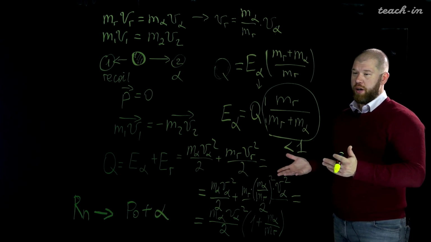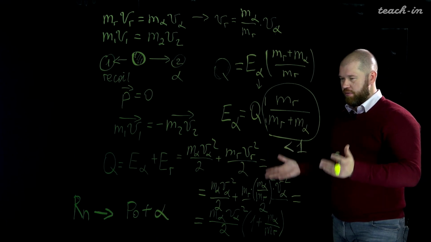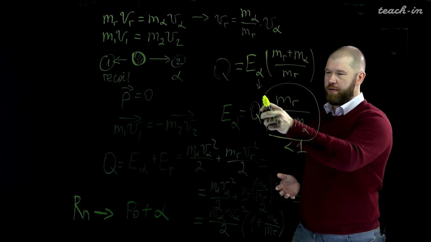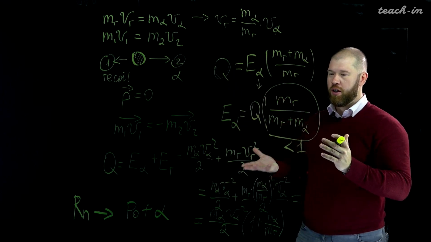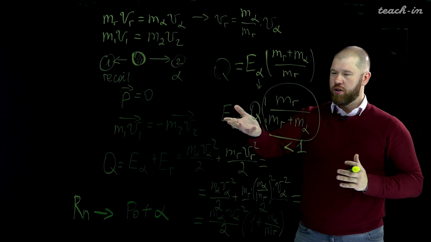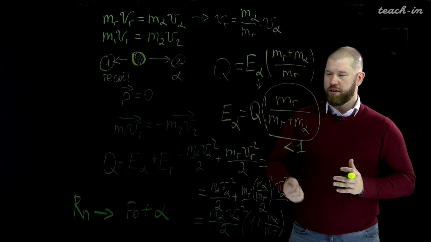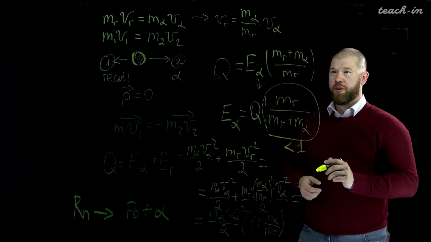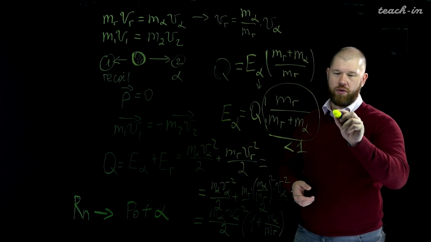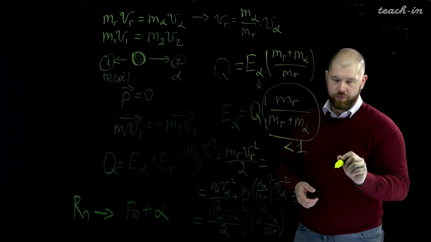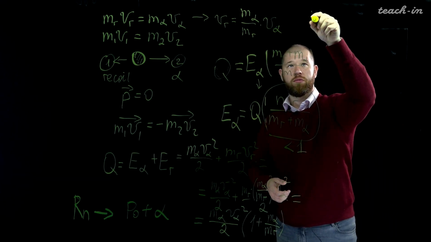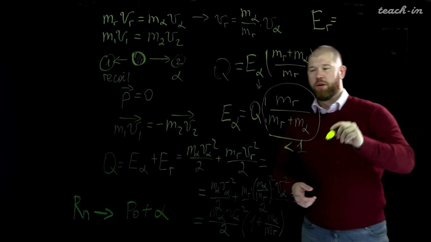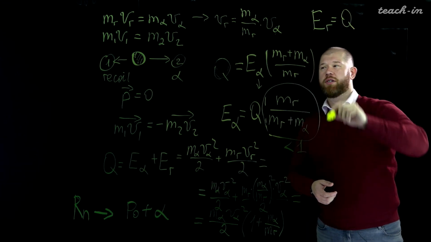The question is where the rest of the energy goes, because we have the whole energy of the nuclear decay, Q, and the energy goes not only to alpha particles, but also goes to the recoil nucleus. And the energy of the recoil nucleus will be almost the same expression.